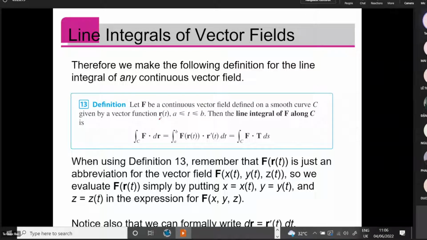So we have a parametric equation of a curve C. Then the integral of the vector field along C is exactly equal to the integral of the dot product F dr. And because C is a smooth curve, dr equals r prime dt, then we can write like this.